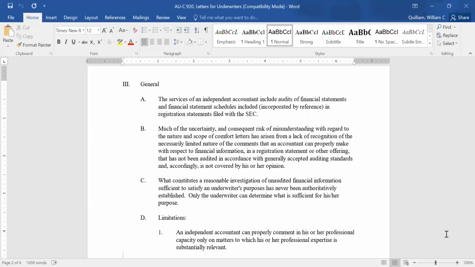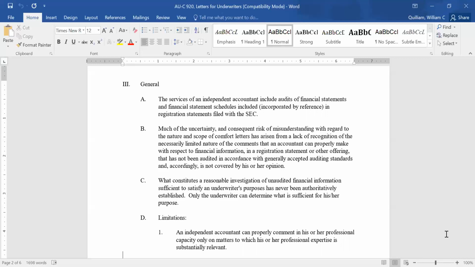Now, looking at some general things here. The services of an independent accountant include audits of financial statements and financial statement schedules included or incorporated by reference in registration statements filed with the SEC, like Form 10-K. Much of the uncertainty and consequent risk of misunderstanding with regard to the nature and scope of comfort letters has arisen from a lack of recognition of the necessarily limited nature of the comments that an accountant can properly make with respect to financial information.